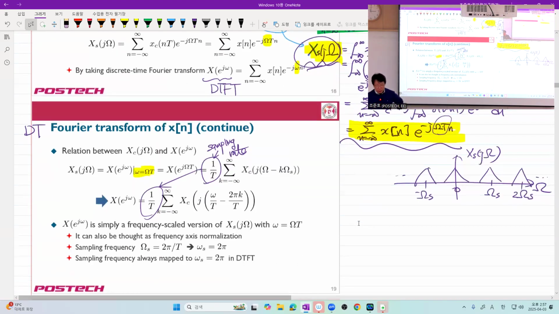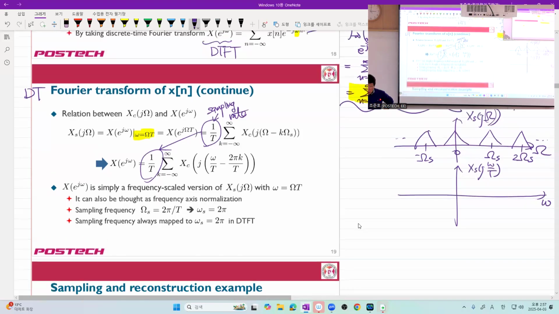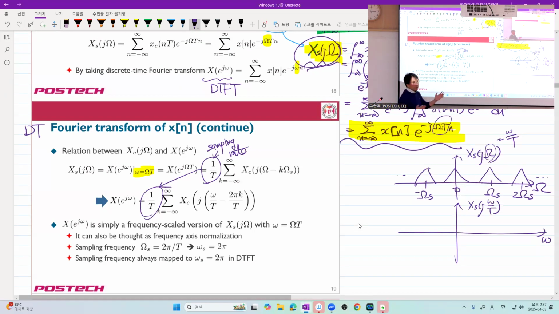Of course, this result also applies when aliasing occurs. Now, what's the meaning of replacing capital omega with lowercase omega over T and drawing the function as a function of lowercase omega? As you already know how to do this, because this kind of problem occurred again and again in your middle school exams, as I remember.